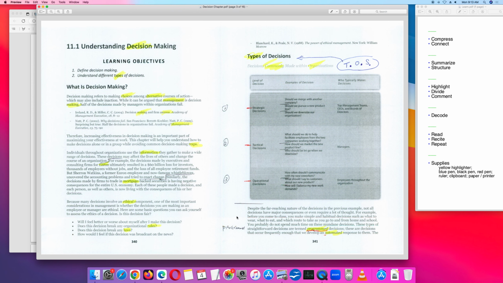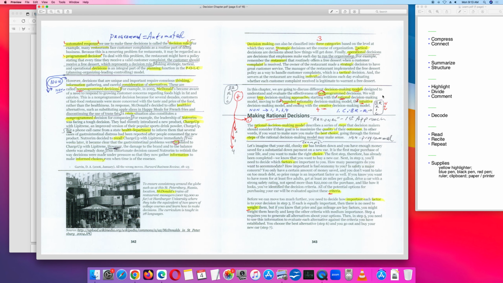And the other way is programmed versus non-programmed. So then on page 343, I came across this paragraph, which was very important, okay? And if you see here, I even come up with an acronym, BRIC, which stands for 4 models of decision making, okay? But these are non-programmed decisions.